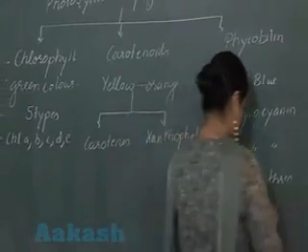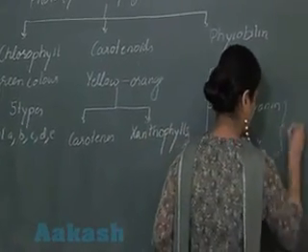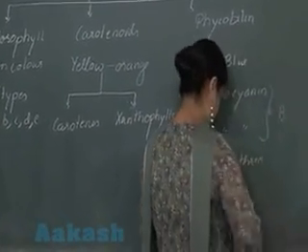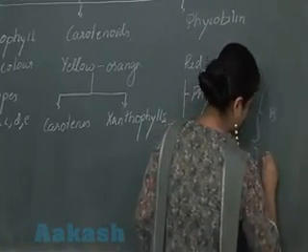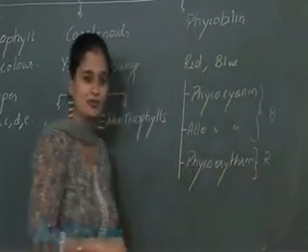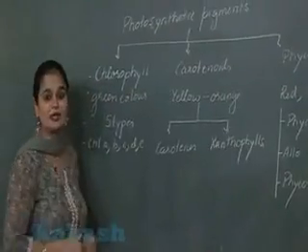Of these, the first 2 are blue in color, and phycoerythrin is a red color pigment. So let's first start with the chlorophyll here.